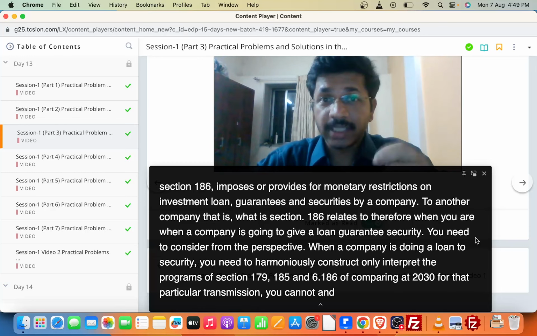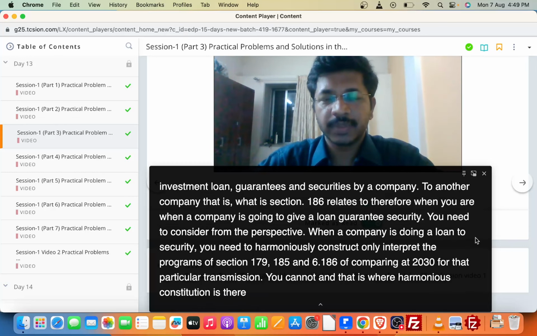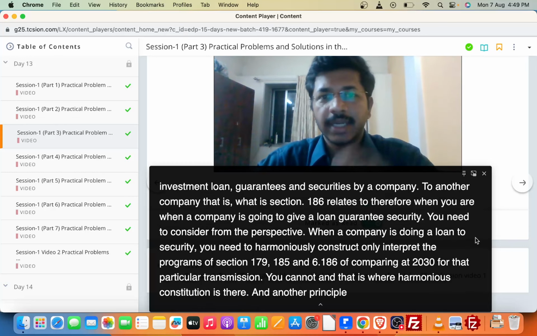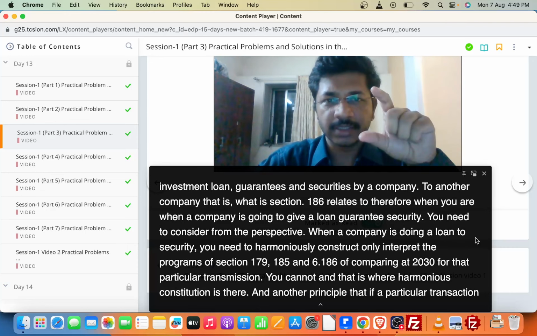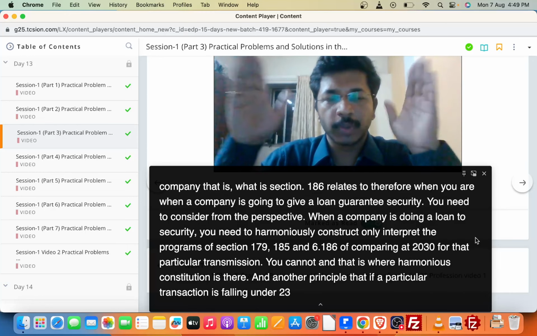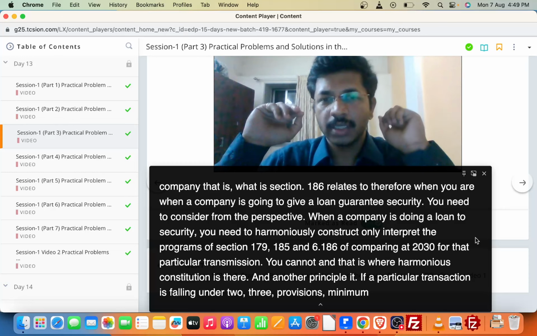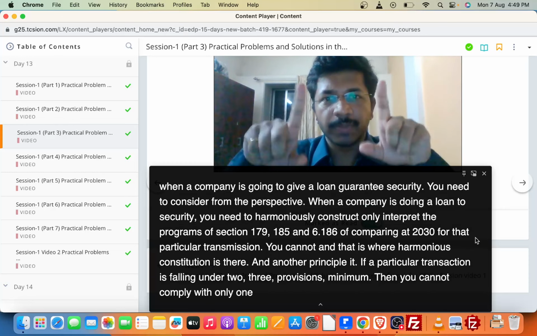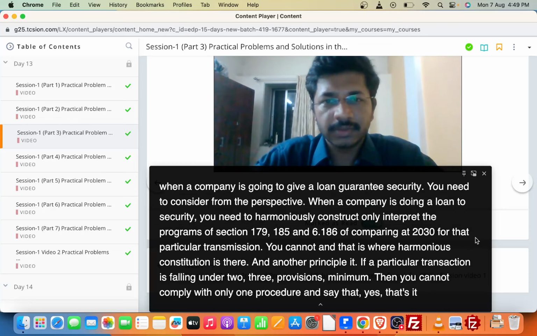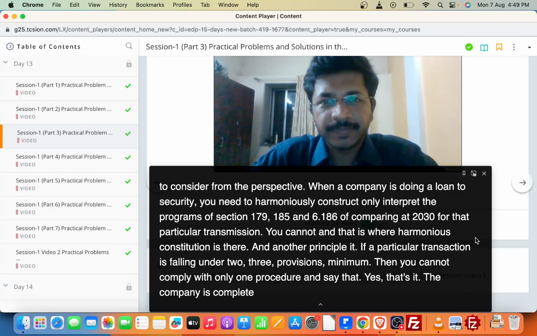That is where harmonious construction comes in. And another principle: if a particular transaction falls under two or three provisions, then you cannot comply with only one provision and say that the company has complied.